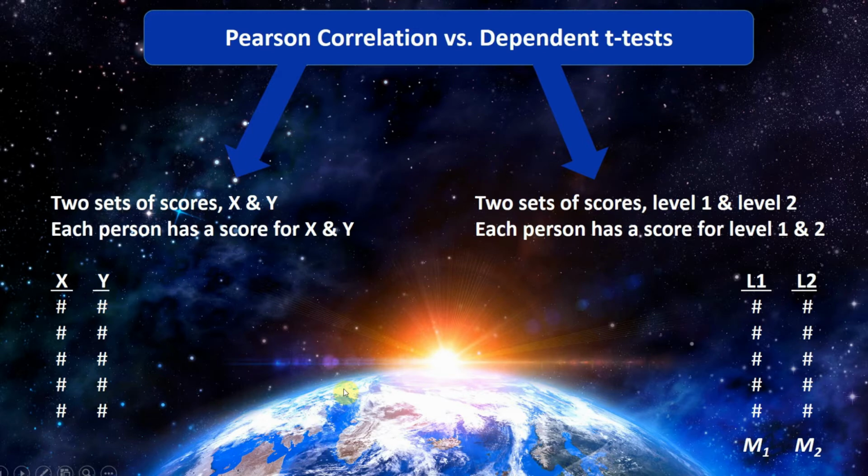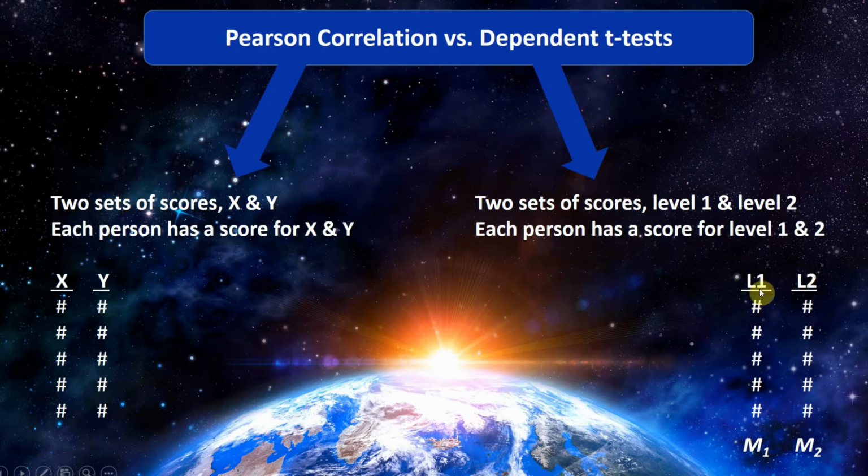All right, now let's look at how it's set up for the dependent t-test. We also have two sets of scores. See where some of the confusion's coming in? We have two sets of scores, one for level 1, one for level 2. So you have an independent variable with two categories or levels. So here are all the scores for level 1. Here are the scores for level 2.